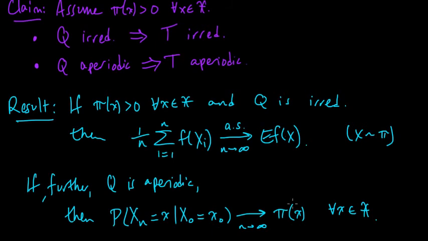So if we want to draw samples from pi of x, then what we can do is just run our chain for a long time and take the ending state as our sample. So under these conditions, that's a valid procedure. And same thing for this, if you want to approximate this.